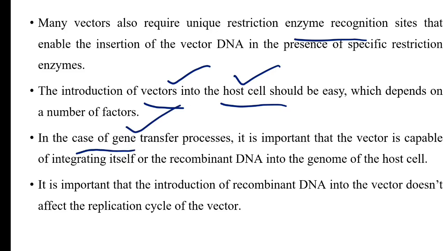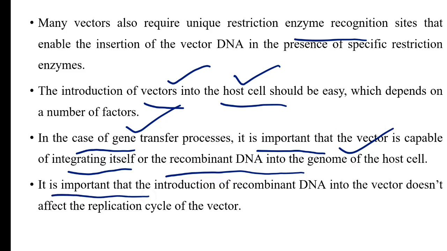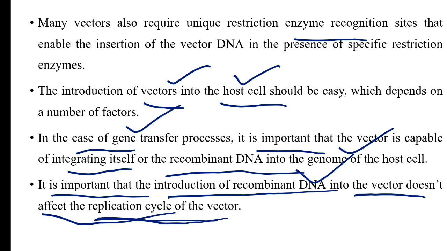In the case of the gene transfer process, it is important that the vector is capable of integrating itself or recombinant DNA into the genome of the host cell. It is important that the introduction of recombinant DNA into the vector does not affect the replication cycle of the vector. So these are some characteristic features which are to be present in an ideal vector.